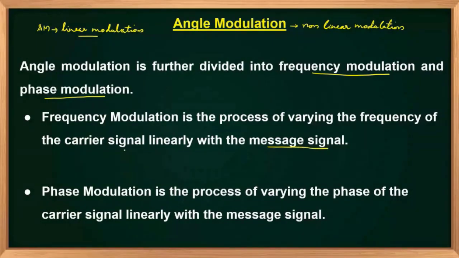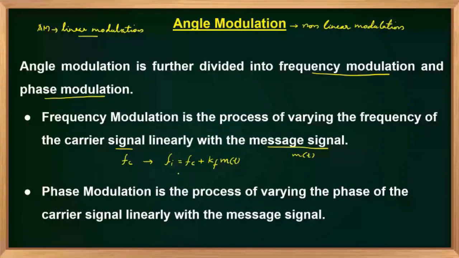The message is denoted as m(t). So the frequency of the carrier, which is a constant value fc, is varied in accordance with the message signal. So the instantaneous frequency will not be a constant value. It can be written as fc plus some deviation from the carrier frequency, usually denoted as kf into m(t).